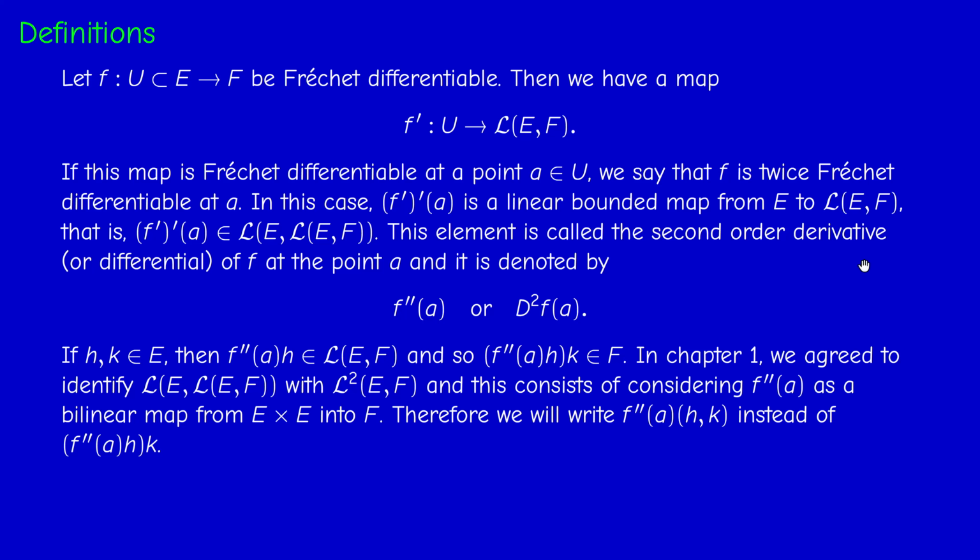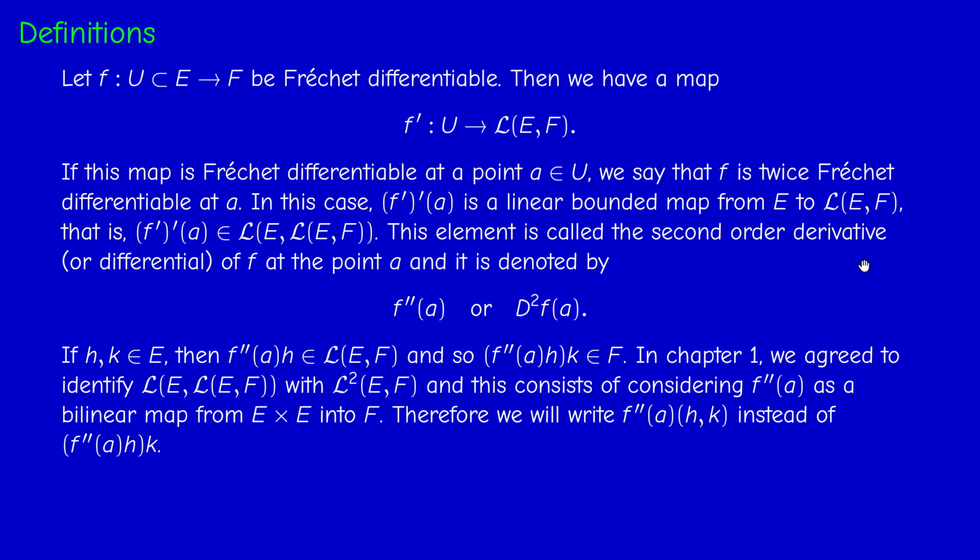So we have 2 independent directions here, H and K. Now, it's not necessary to use this identification, but in some cases it simplifies the writing of some tedious formulas. Especially this will become convenient when we will consider nth order derivatives. So we'll have n arguments, h1, h2, hn. Okay, we'll get back to this later.